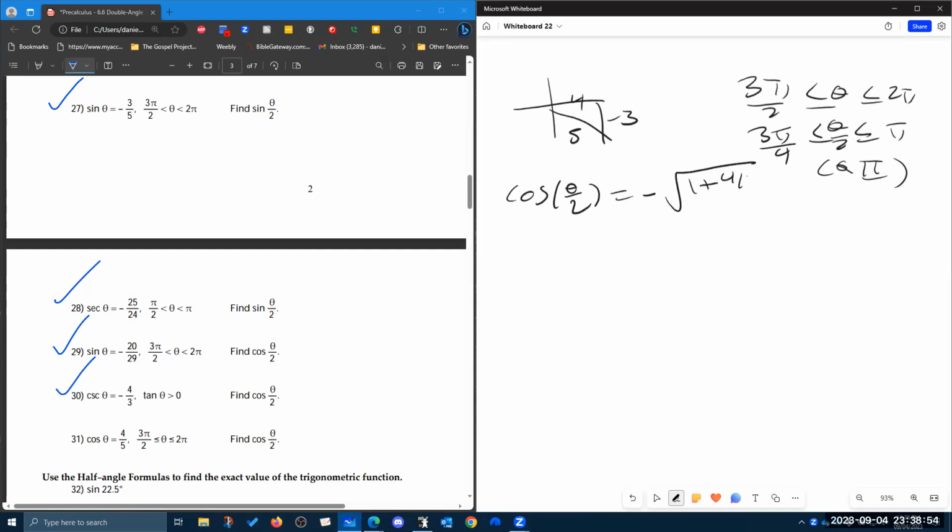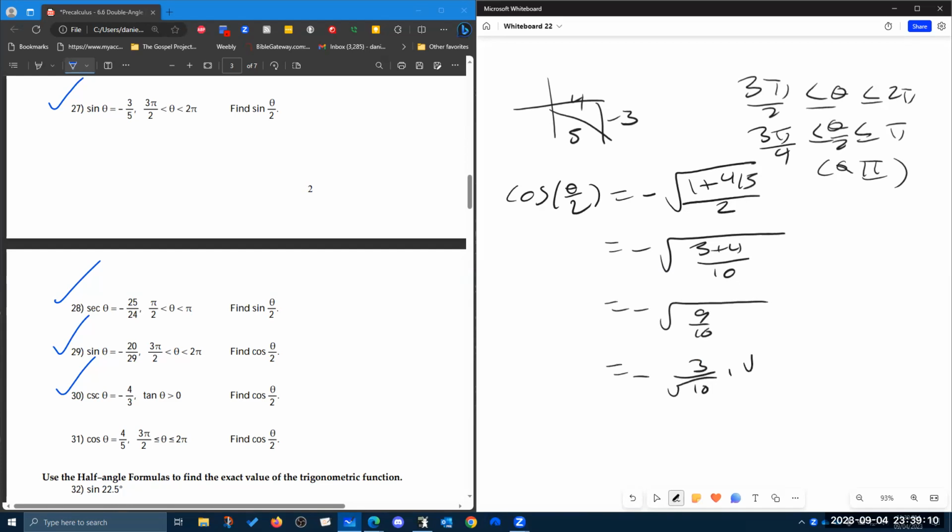Cosine here is 4/5. 5 plus 4 over 10, 9 over 10. 3 over root 10, negative 3 root 10 over 10.